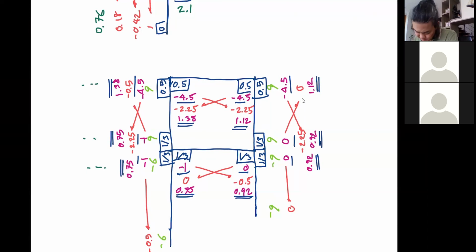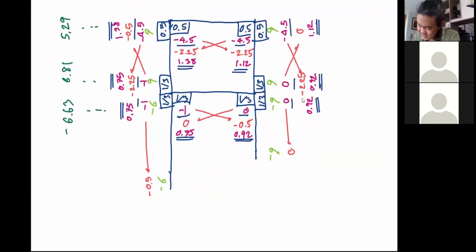Okay, and in the end, the moment here is about 5.29, 6.81 minus 6.63. Here is, you know, carry this over as well.